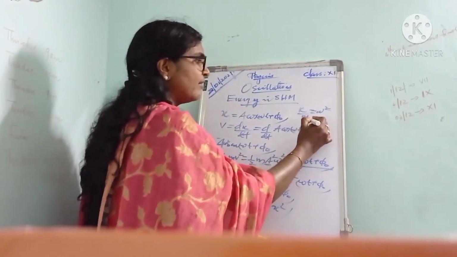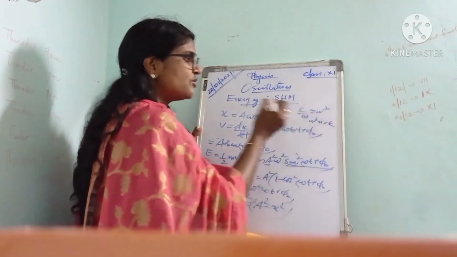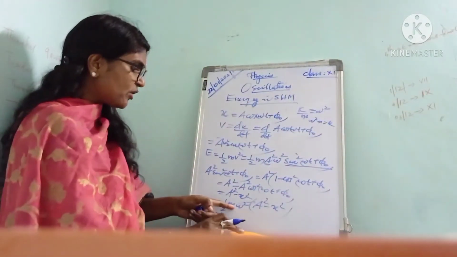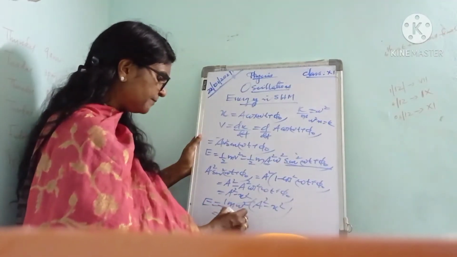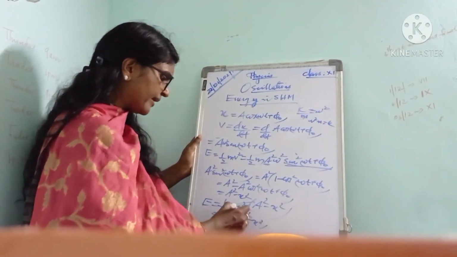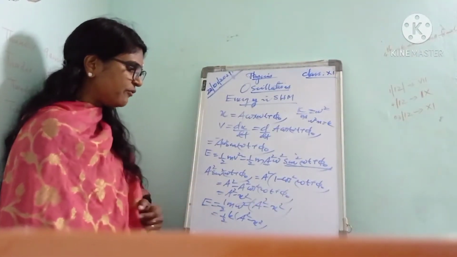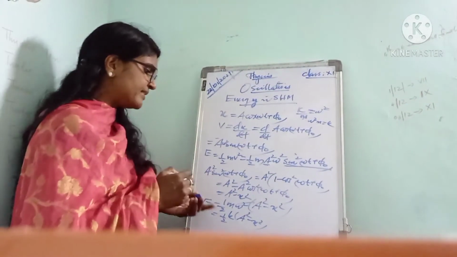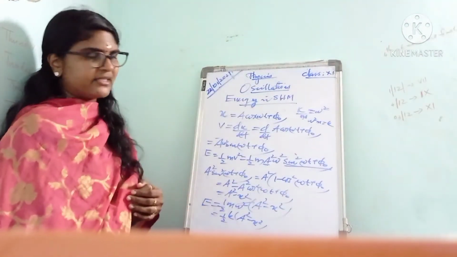From this, cross multiplying, omega squared m equals K. So instead of m omega squared we can write K. So half K into (A squared minus x squared). Actually this is the expression for kinetic energy.